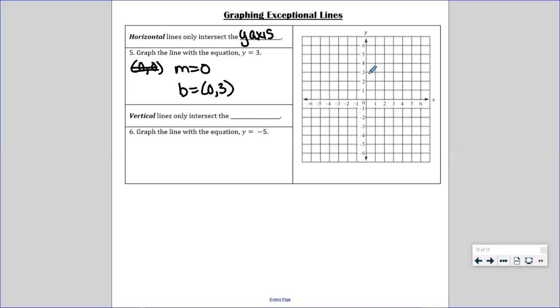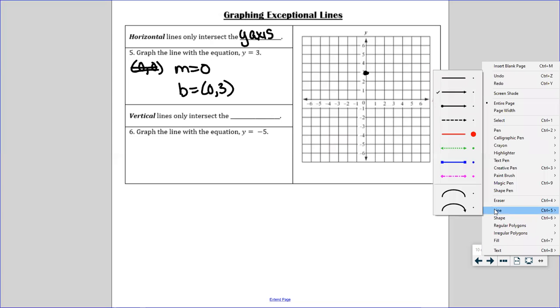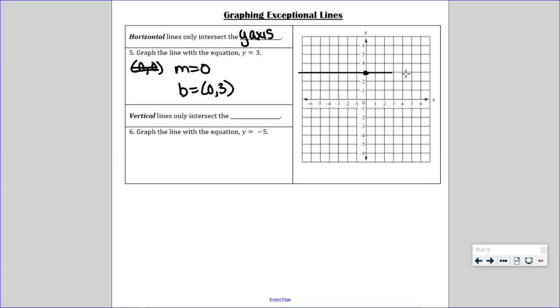So we got 0, 3, and then remember about horizontal lines, it's a 0 slope, because if your slope is 0, then your line is horizontal. So I'm going to draw that, and then of course put my arrows and label. So then I'll have y equals 3.